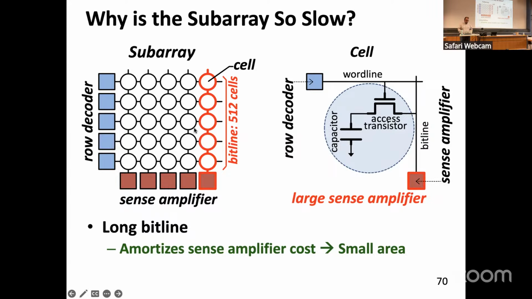Usually people get to this number of 512 cells, for example. At some point, if you have too many rows connected to your bitline, then the latency of that bitline is a lot, and you also need a much more powerful and accurate sense amplifier to operate on that. So there is a sweet spot, and more or less people get to that 512 to 1000 rows in one subarray.